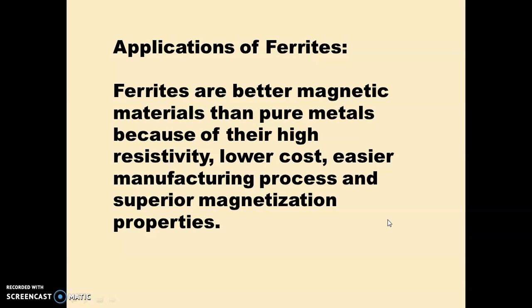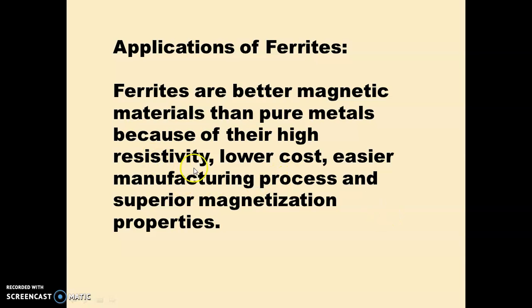Then the last topic of this chapter, applications of ferrites. Ferrites are better magnetic materials than pure metals because of their high resistivity, lower cost, easier manufacturing process, and superior magnetization property.